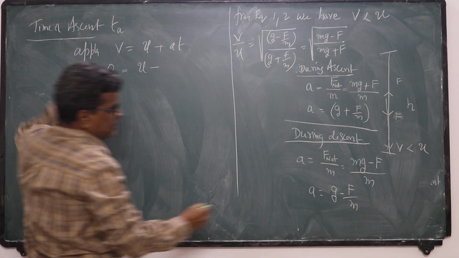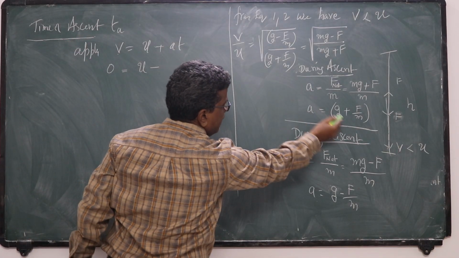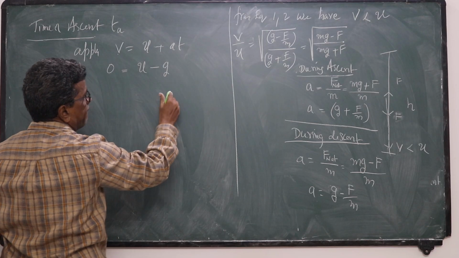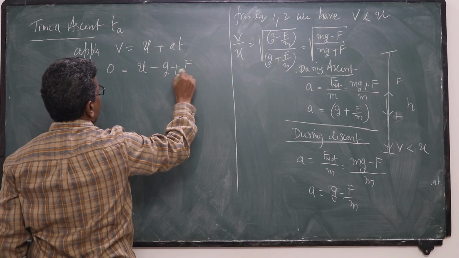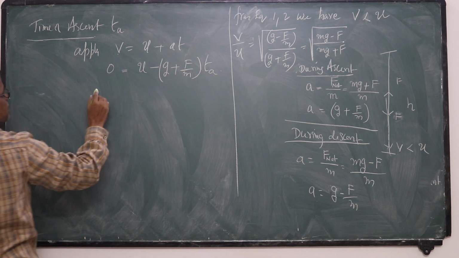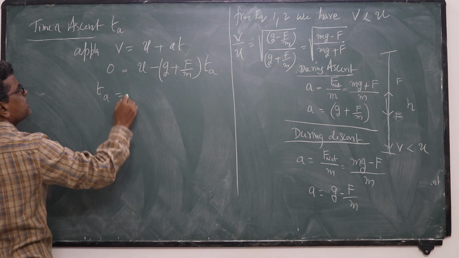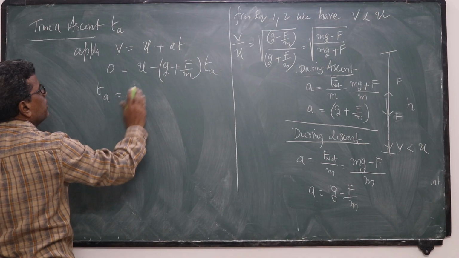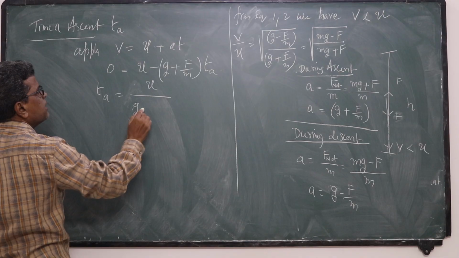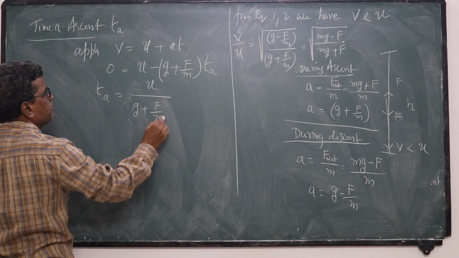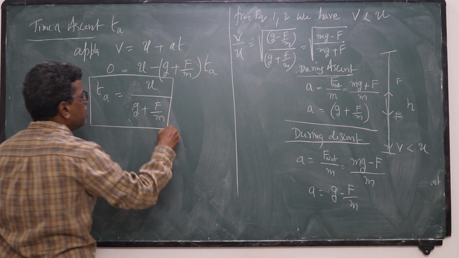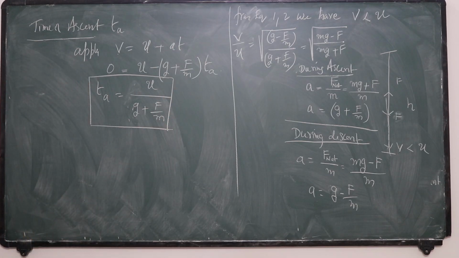During ascent, a is minus of g plus f by m, into t. t is the time of ascent. So time of ascent is u by g plus f by m, where u is the velocity of projection. So this is the expression for time of ascent.